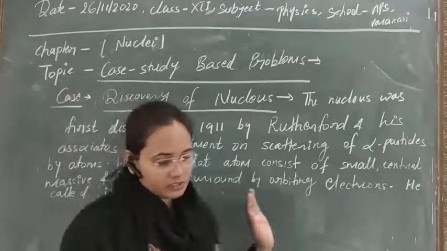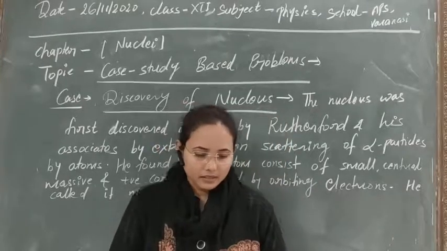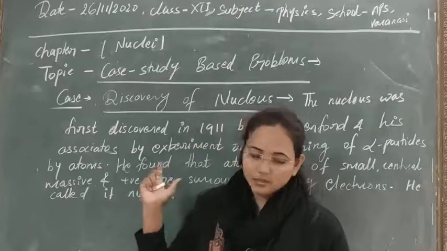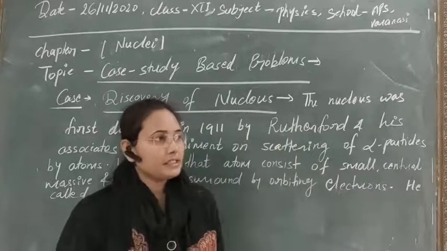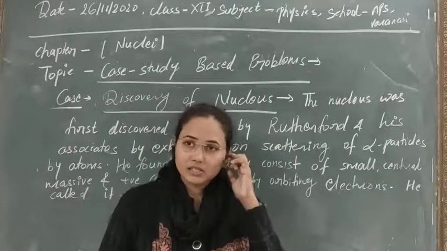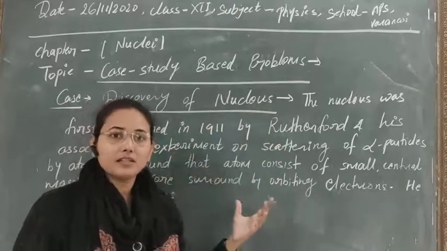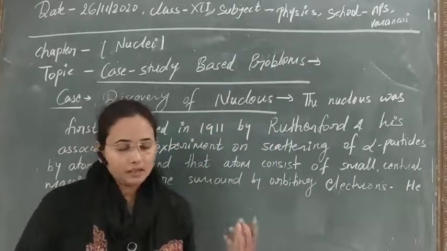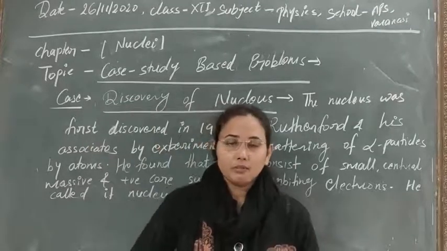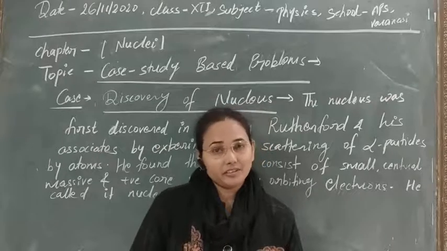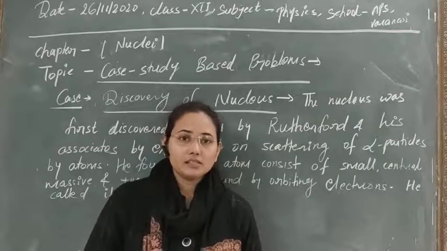So let's see the questions based on this. The first question is: what is the density of the nucleus? Is it constant or is it varying? Suppose a question is asked from the properties of the nucleus. If we have discovered the nucleus, then obviously it will have some properties. So one property: what will be the density of the nucleus?